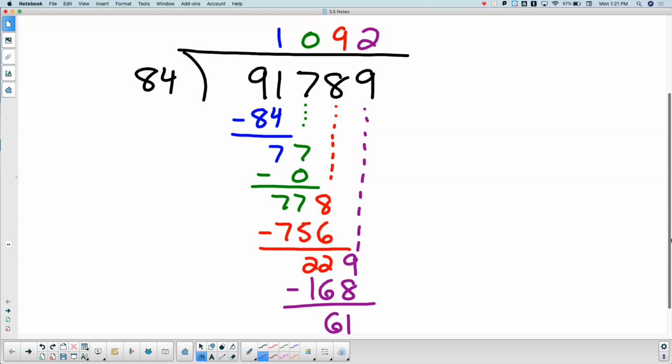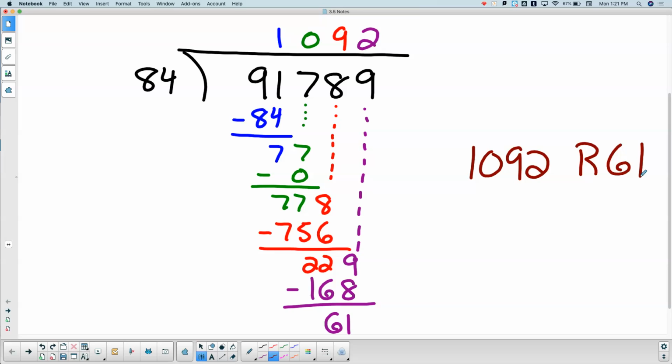What if I didn't want to add a decimal? Because I want to be exact. You didn't add it? I'll just add a 0 to it. We put a remainder, right? So my answer here would be 1,092 with a remainder of 61.